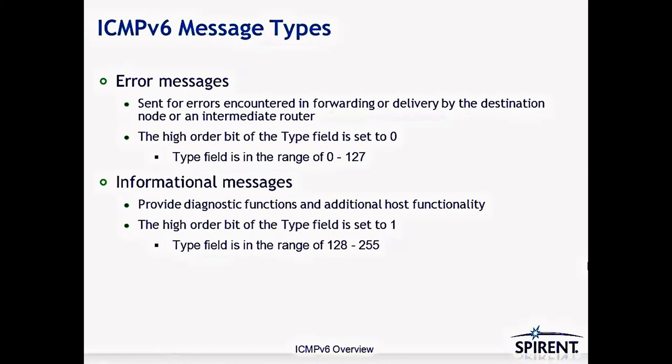Whereas informational messages have the high order bit of the type field set to 1, and so therefore the range is 128 to 255. Error messages are sent for errors encountered in the forwarding or delivery path by the destination node or an intermediate router. Informational messages provide diagnostic functions and additional host functionality, as mentioned on the previous slide.